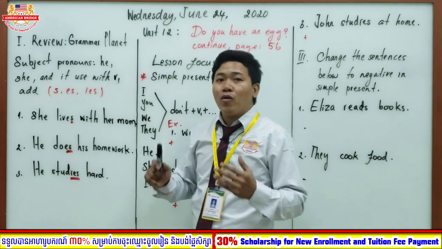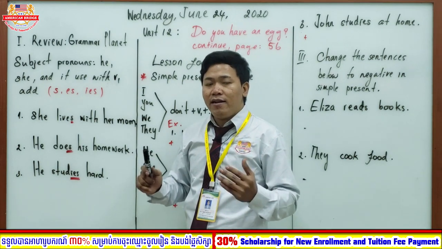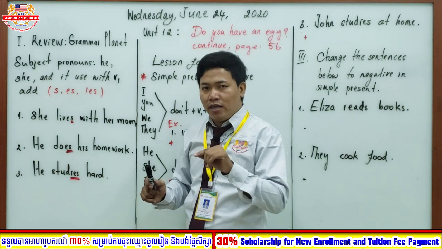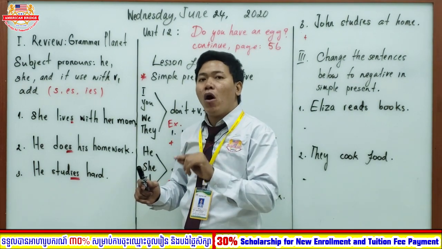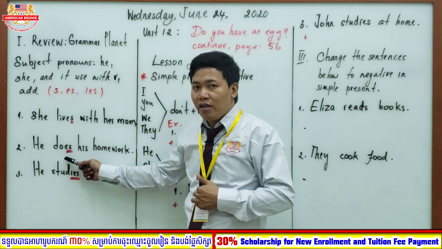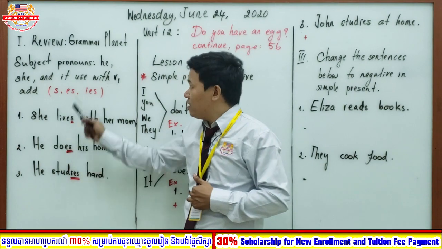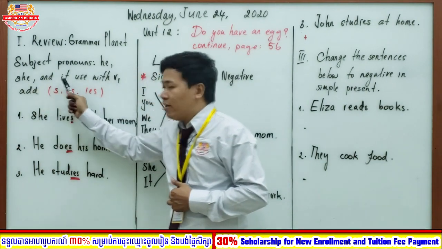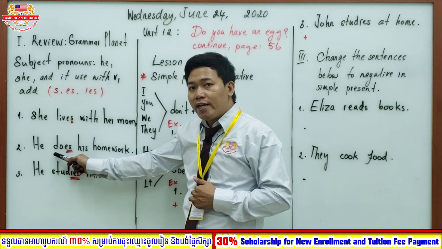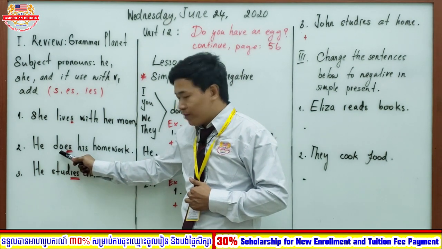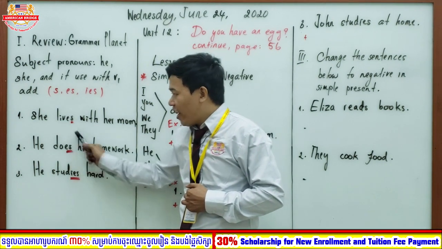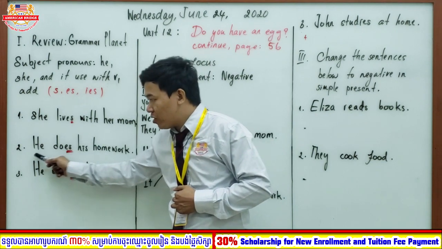Remember, verbs that end in s, double s, ch, sh, o, or h need es whenever they are used with subject pronouns he, she, and it. The verb do ends in o, so we need to add es when this verb is used with subject pronoun he.